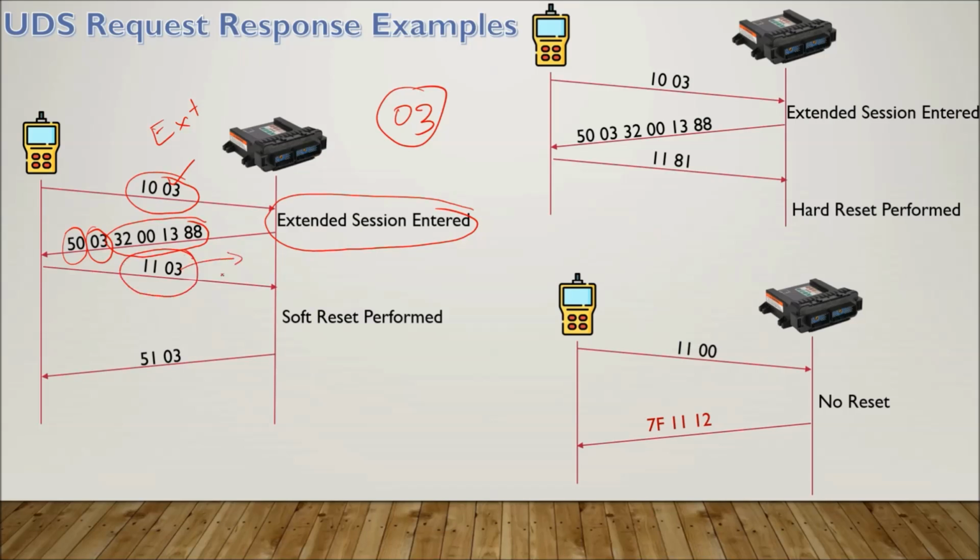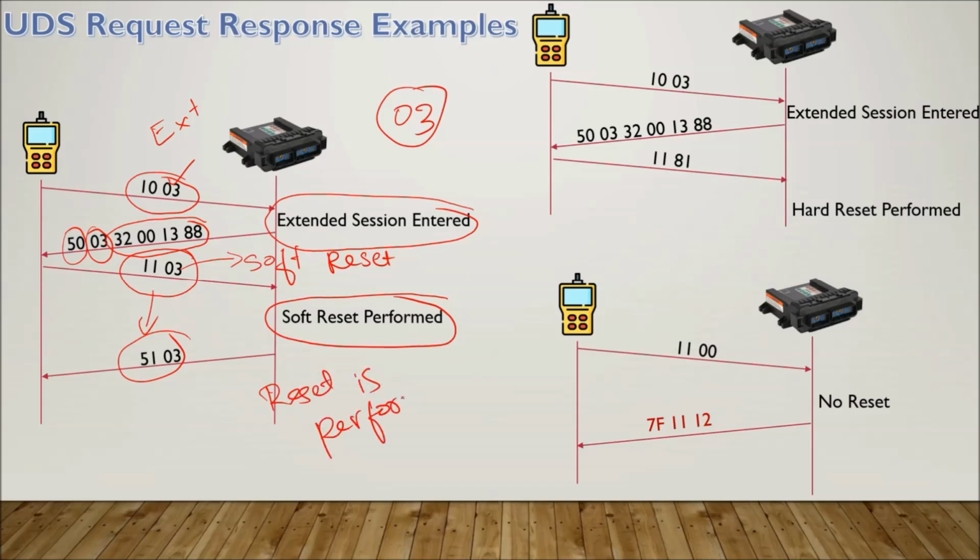We are requesting 03, that means it's a soft reset. So the soft reset is requested, all the checks are done, and assuming that all the checks are successful, we have to perform the soft reset. So 5103 is the response which we will get, and then the reset is performed.